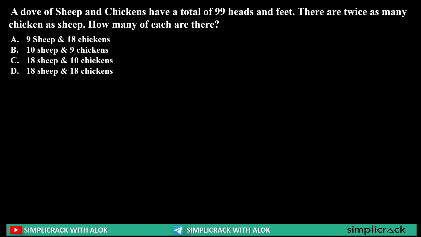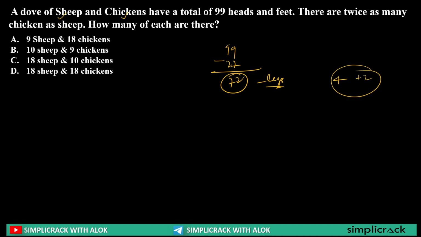The number of heads will be 1 for each. So the total number of heads will be 9 plus 18, that is 27. So out of 99, 27 heads will be out, so the number of legs now will be 72. Now sheep has 4 legs, chicken has 2 legs.